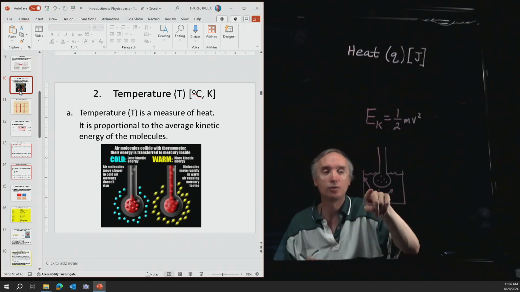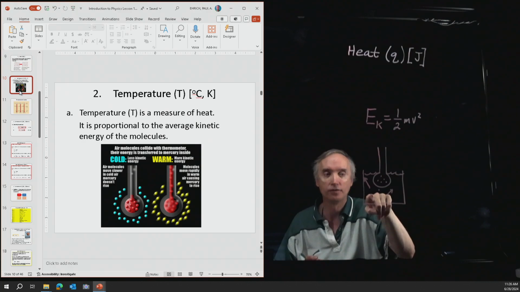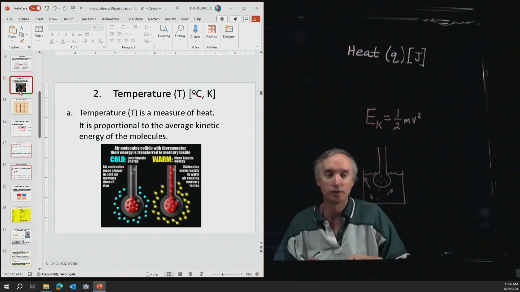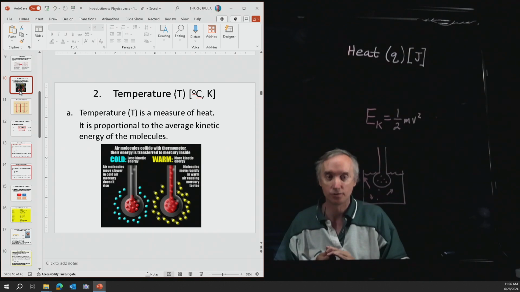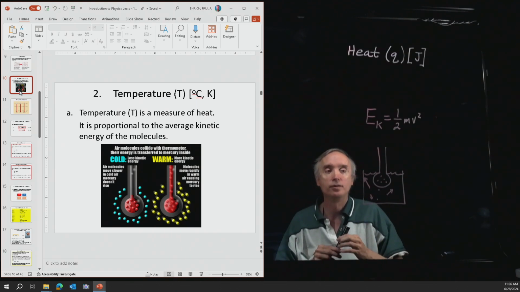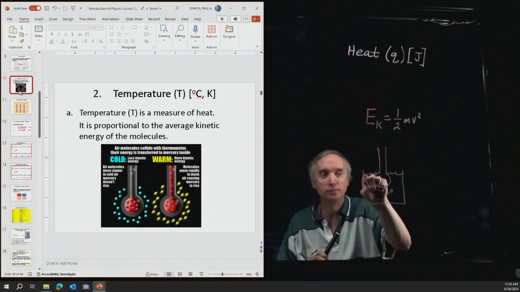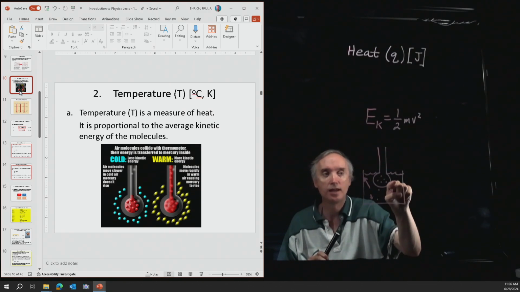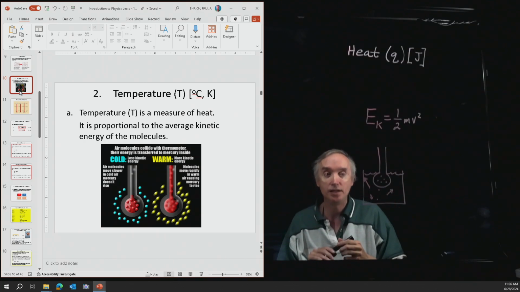The ones that are going slow right now, when they are bumped into by one that's going fast, well, maybe this one will start going fast, and then this one will start going slow. So they're constantly bumping into each other and changing their speeds. Now, we know that the energy that's in here can be transferred into here in the form of heat.